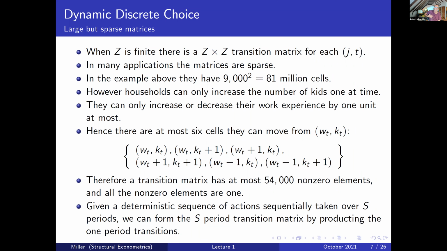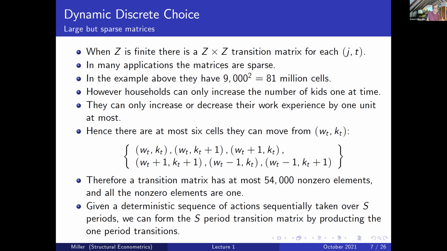Now, in this particular application, though, it's way simpler than that, because the matrix is very sparse. There are only a few things that can happen when you're going from one period to the next. In particular, I haven't allowed for twins or triplets. And so you can only increase the number of kids by 1.